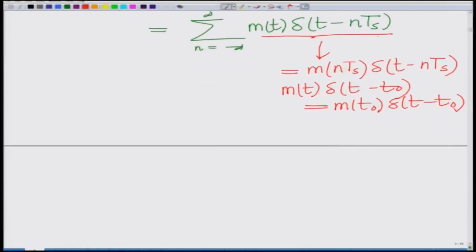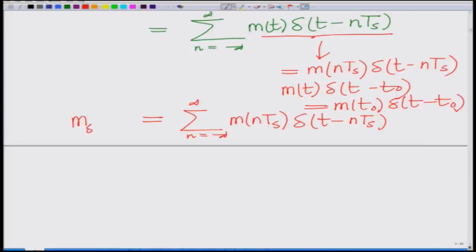And therefore, this gives us summation n equal to minus infinity to infinity m of n Ts delta t minus n Ts. This is your m delta t.